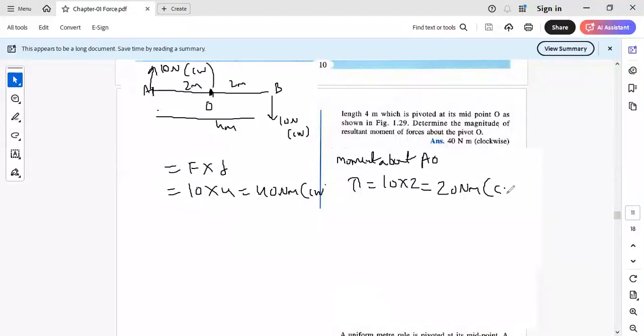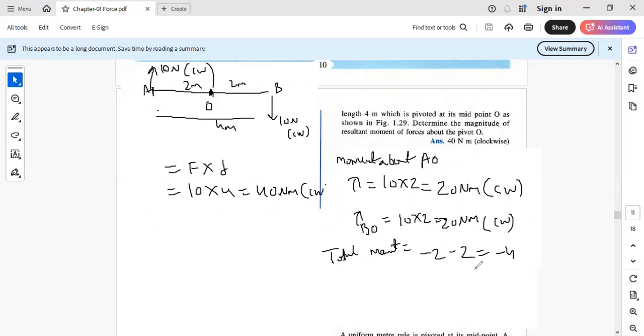So 20 Newton meter clockwise. Similarly, when we are talking about the moment for BO, it would be 10 into 2, and this again is 20 Newton meter, that is clockwise. So you can see the total moment would be the addition of both of them. Because if we take the sign, it is clockwise, which is negative.